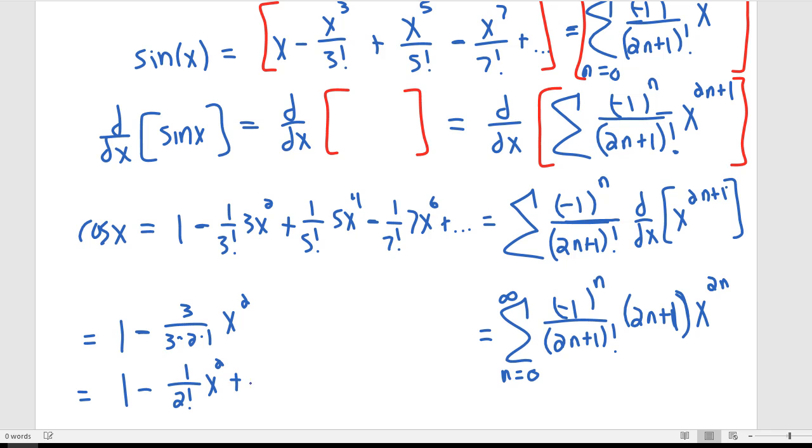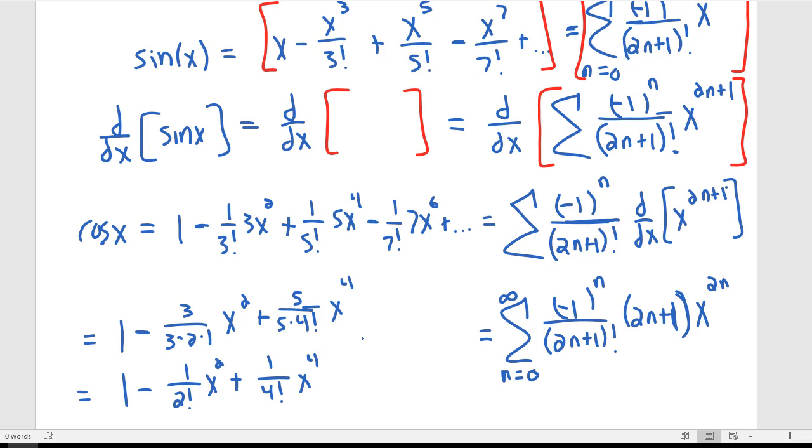And I can play that same game with the next term. So this next term, I have 5 in the numerator, 5 factorial in the denominator. And then the 5 factorial I could write as 5 times 4 times 3 times 2 times 1, or 5 times 4 factorial. So the 5s cancel, and I get 1 over 4 factorial, x to the 4.